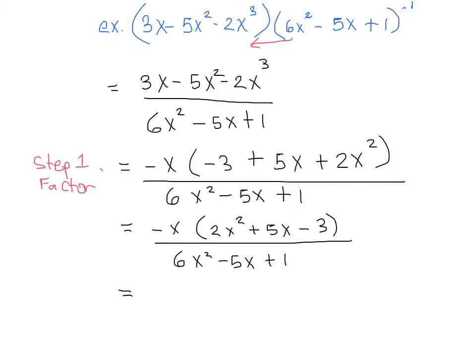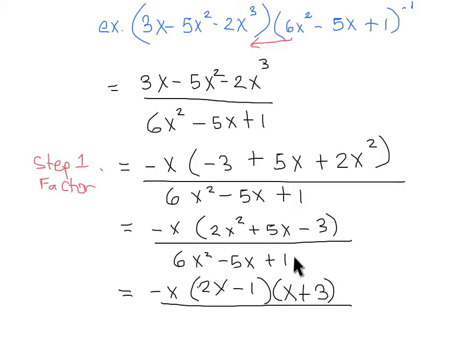All right, so on the top we have negative x, and when we factor this expression, we get 2x minus 1 times x plus 3. And at the bottom, so we're dividing by, and then now we have to factor this expression.